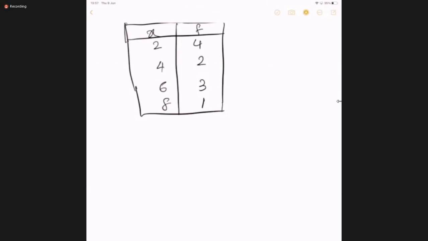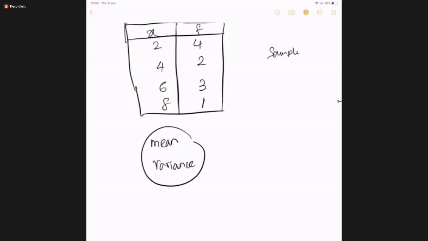You want to find the mean and variance, and you are given a question like this: find the mean and the variance for the following sample data.